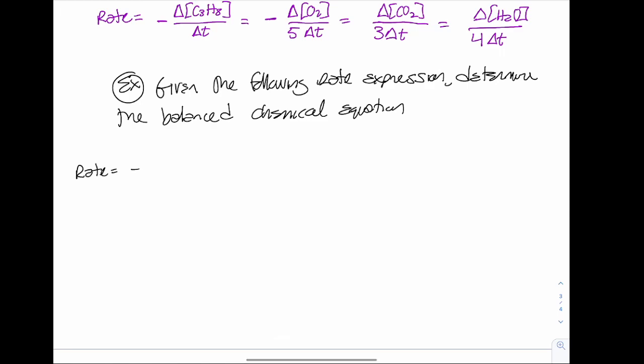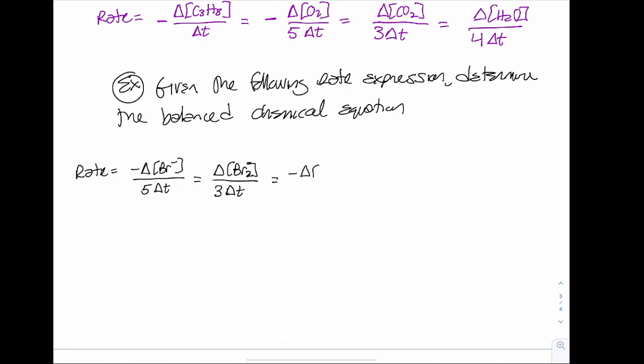So let's have a negative delta. So my change in bromide ions over 5 and my change in time, that's equal to Br2, that's a 2, over my change in time. And we have a coefficient, sorry, I have a 3 in my denominator. I'm starting to give away the answer here.